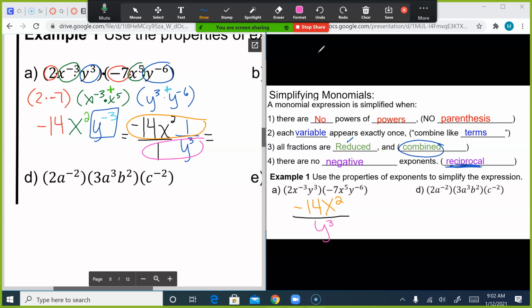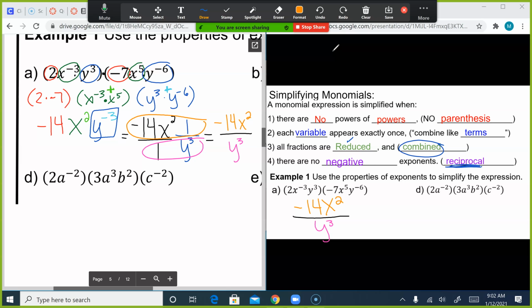I guess I could have just written it right here, it's not a lot. So y cubed goes in the bottom, and the -14 x squared stays in the numerator. So this is actually more work than I need you to show. Here I'm walking through every single step, but you can actually combine some of these steps together.